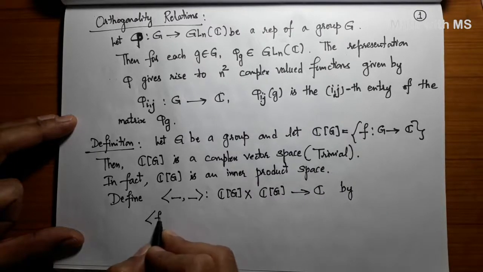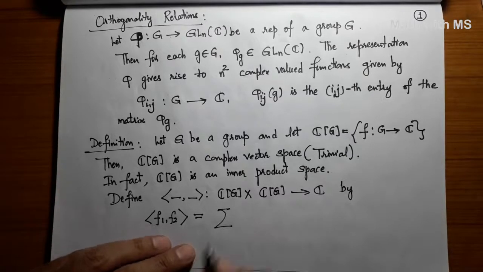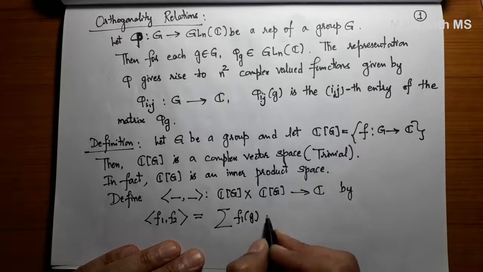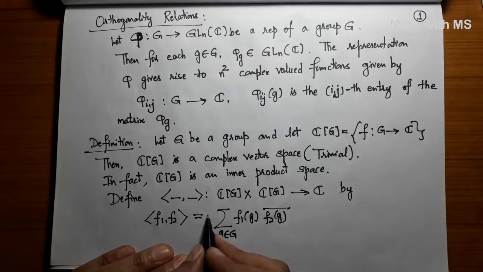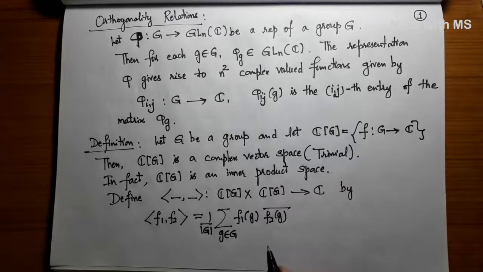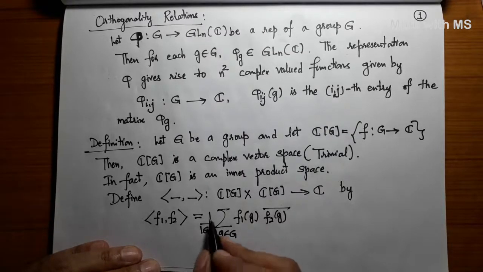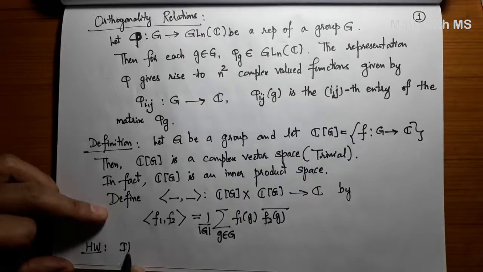If you are given two functions, say f1, f2, you just sum up f1(g) times f2(g) bar, where g belongs to the group G, and then take the average over the group. Here we are of course assuming that our group is finite. So define the inner product of f1, f2 to be 1 over the order of the group G times the sum of f1(g) f2(g) bar.